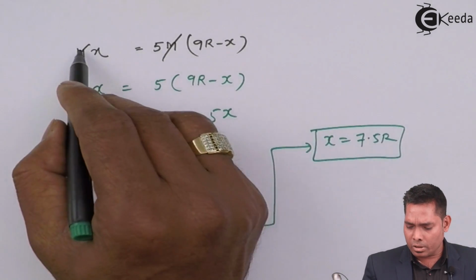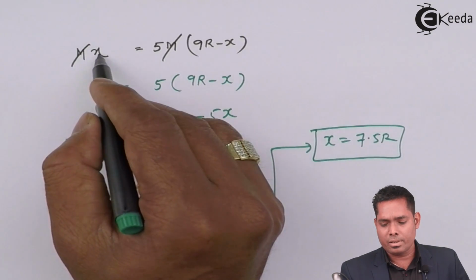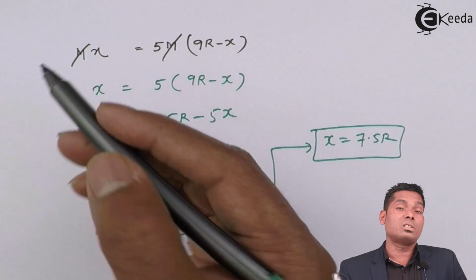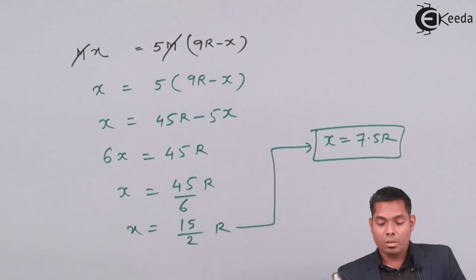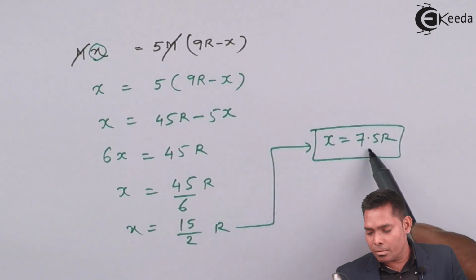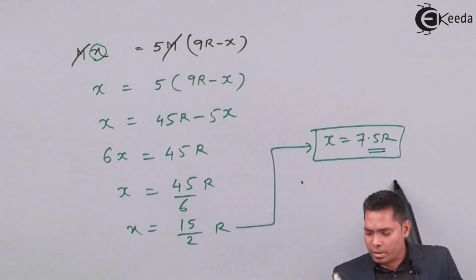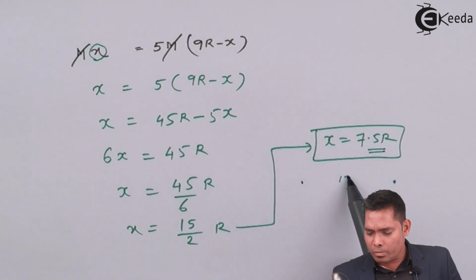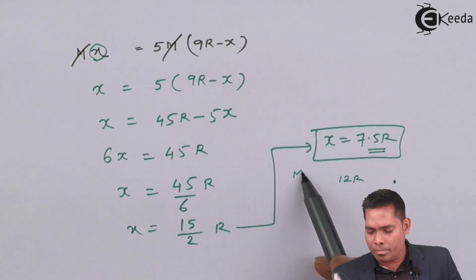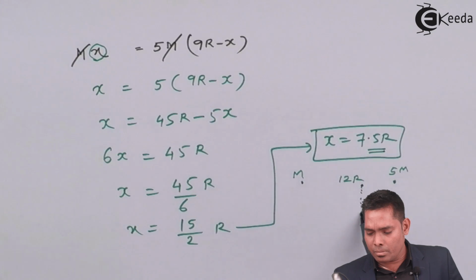This is the smaller mass which is moving, so the displacement of the smaller mass is x, and that x is 7.5r. Initially the center to center distance was 12r. This mass is m, this mass is 5m. Suppose the center of mass of the system is here, that will remain the same.